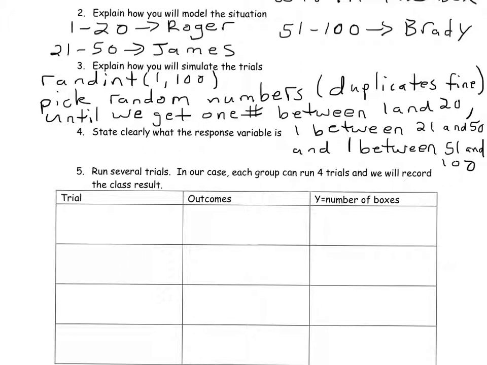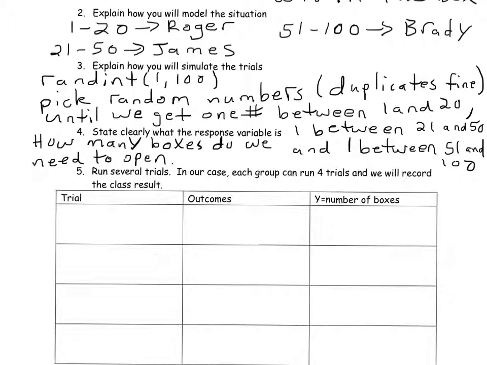We're going to keep picking the random integers until that happens, and we're going to count how many random integers it took. So the response variable is how many boxes do we need to open to get one card of each celebrity.